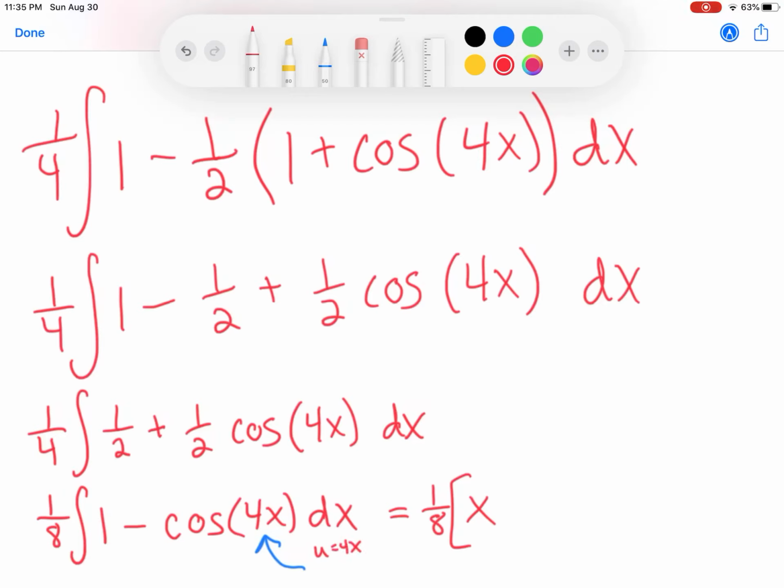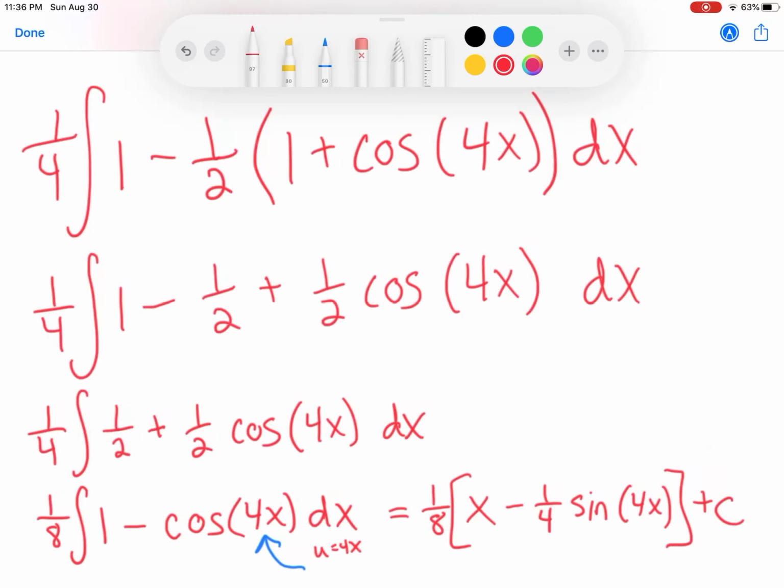U there is going to be equal to 4x. You guys can finish that off. But what you will end up with is 1/4 sine of 4x. You guys could probably see that coming. And then we'll just have a plus c on the end. So you guys could finish that if you'd like in terms of distributing the 1/8.